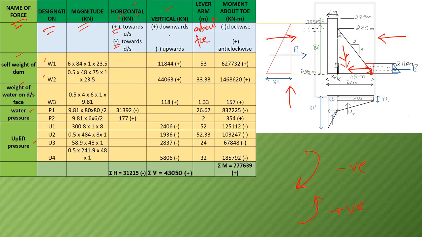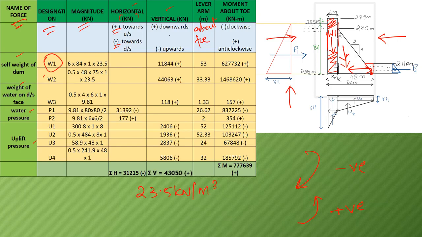Now let us go to the calculation. The first component is the self weight W1, which is the weight of the dam due to this rectangular portion. For that we have the unit weight of concrete given as 23.5 kilonewton per meter cube.